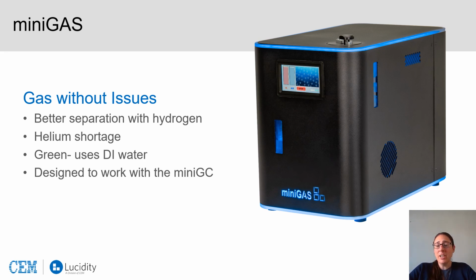And hydrogen is a great option. I think historically, people are just a little bit afraid of it. But with the miniGAS, that fear can go away. It's a safe situation where you've got low pressures, on-demand generation, so you're not dealing with a big tank of hydrogen. So it really is green. It's offering all these things we want within this green world that we currently live in. All you've got to add is your DI water.